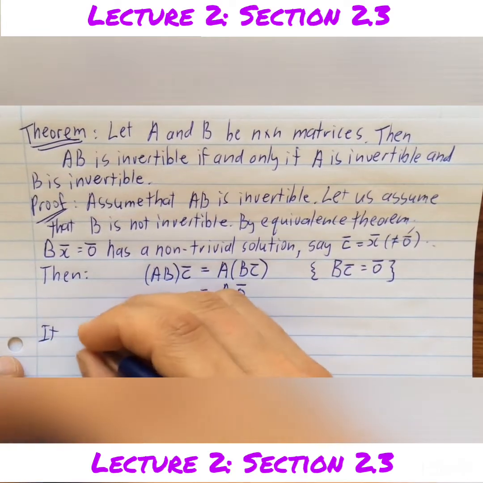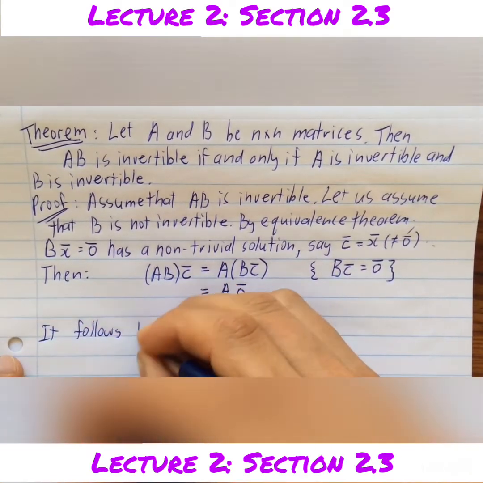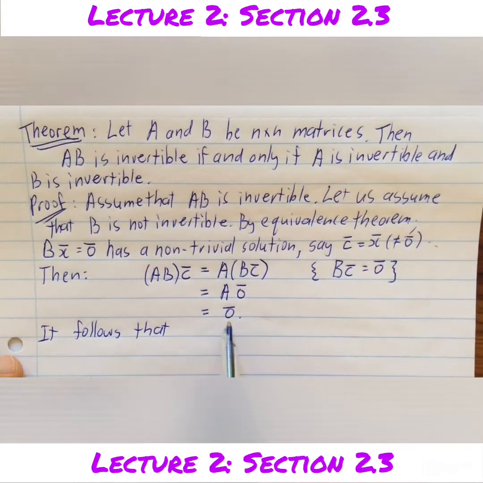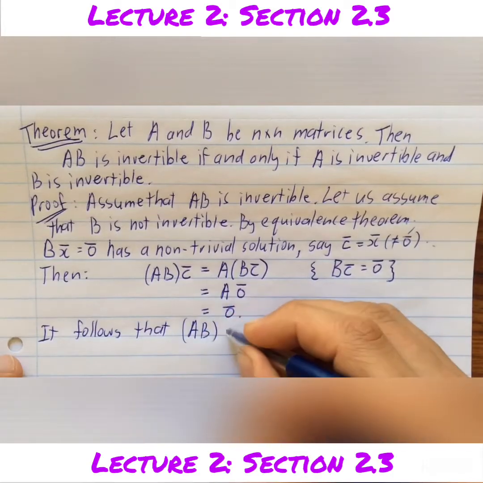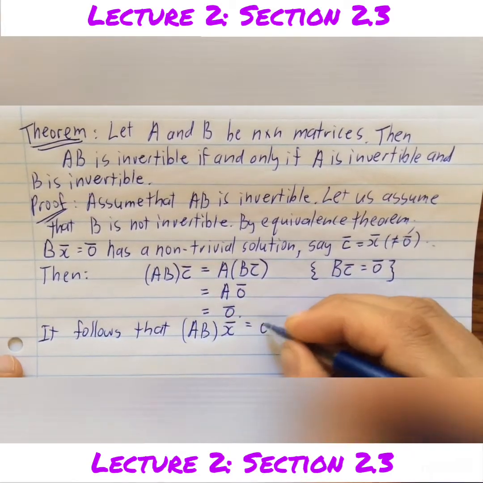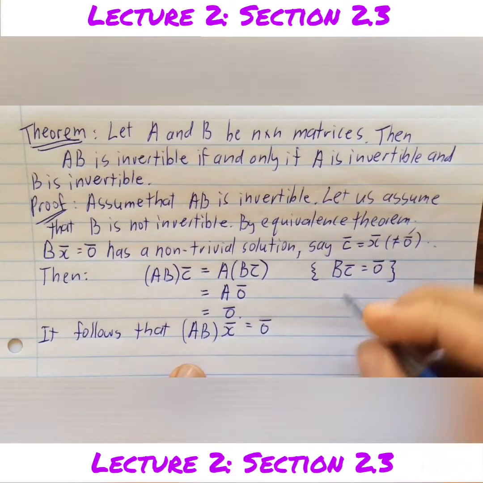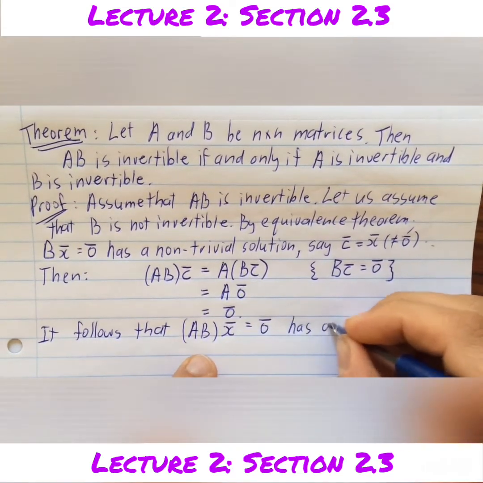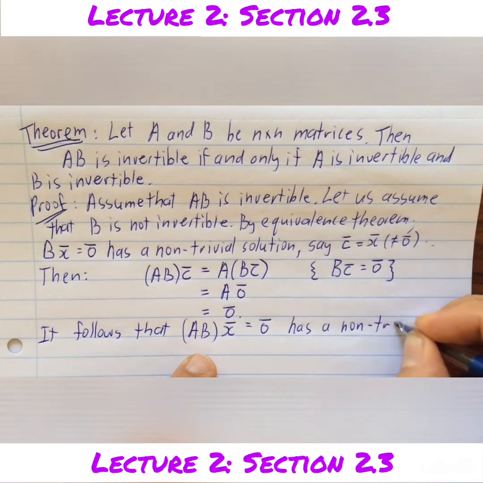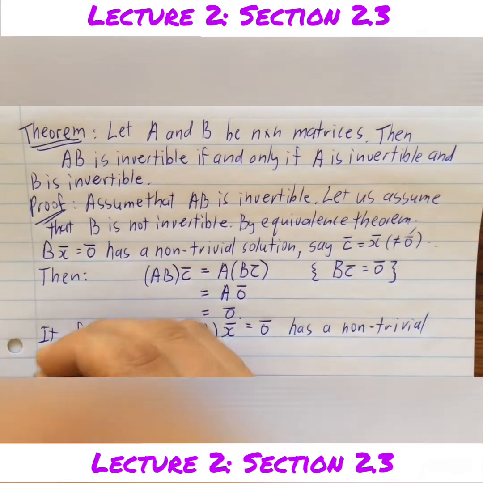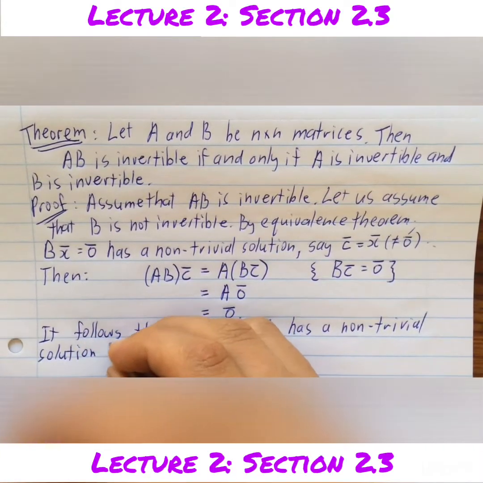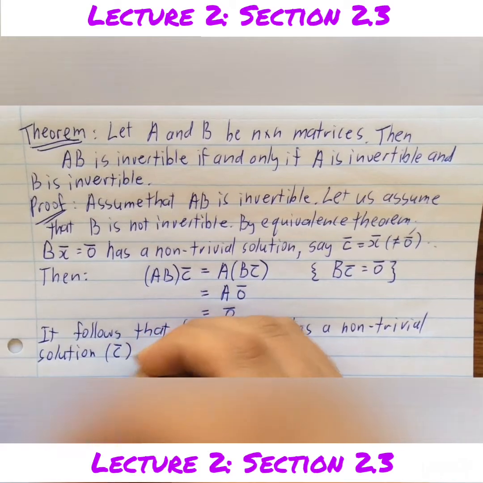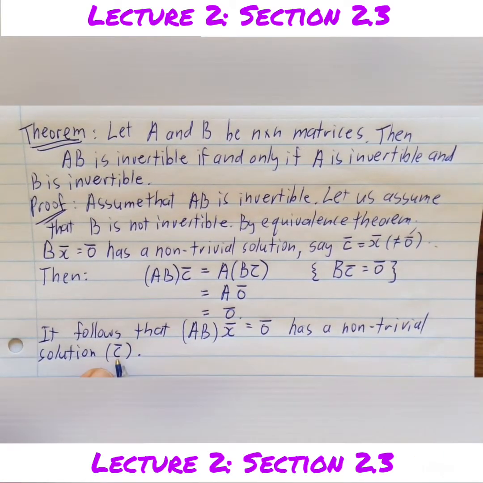It follows that this expression, A times B times X equals 0, has a non-trivial solution, in this case the vector C, because if I plug C in there, it gives me equality.